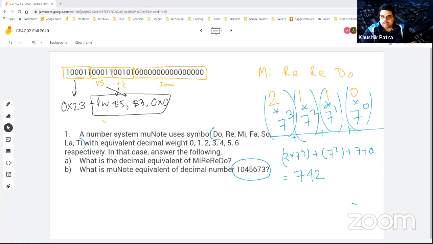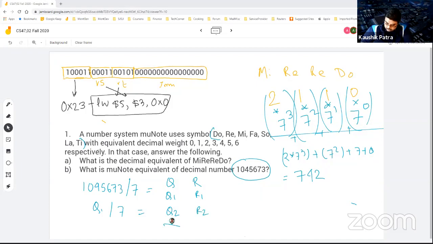This is a little bit longer problem, right? So practically what you need to do is take that value in decimal, 1045673, and divide by the base number. So you get a quotient, you get a remainder out of this. Note down that quotient. Let's say this is Q1, R1. And then next iteration, you do Q1 by 7, whatever that value is, and that will give you another quotient 2, another remainder 2.